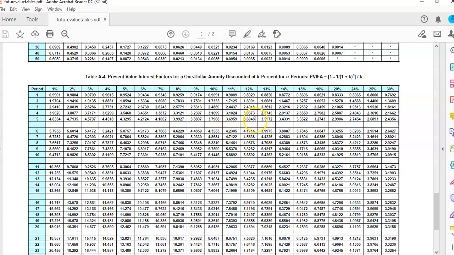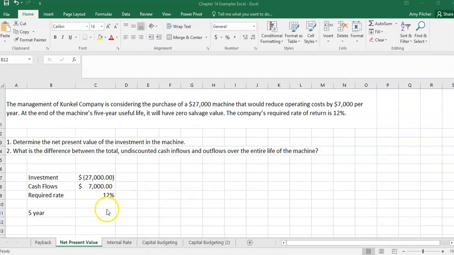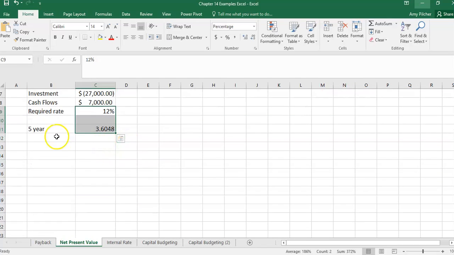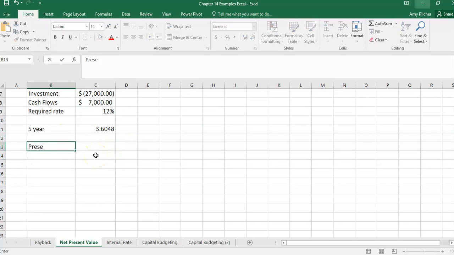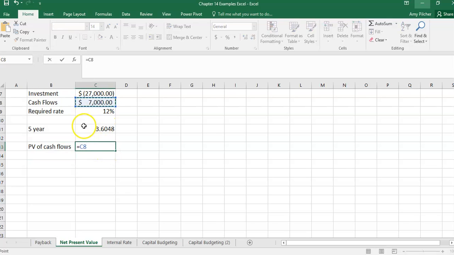So our present value factor is 3.6048. We're going to type that in, 3.6048. So to determine the present value, or PV, of cash flows, we take 7,000, our yearly cash flows, times our factor.